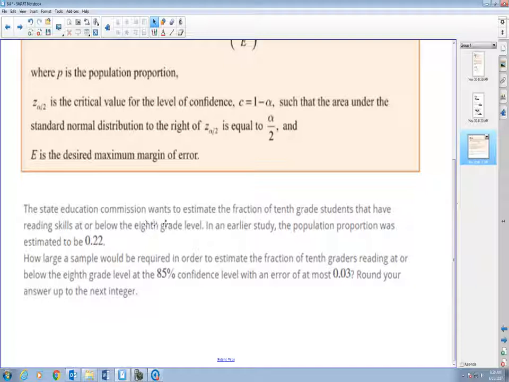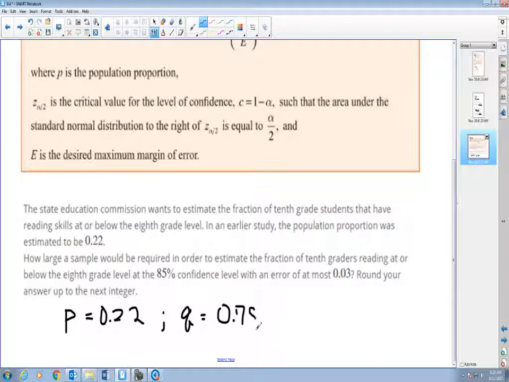The State Education Commission wants to estimate the fraction of 10th grade students that have reading skill at or below the 8th grade level. In an early study, the population proportion was estimated at 0.22. So my population proportion P is 0.22, and my Q, which is 1 minus P, has got to be 0.78. Right, 100% minus 0.22.